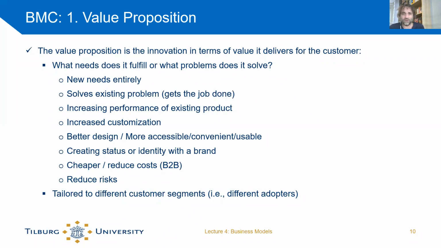While for other customer segments, so for the early majority or the late majority, the reason that they adopt the innovation, so the value it delivers, may be a better design or better performance, and not necessarily an image. So the needs that an innovation fulfills or the problems it solves may be different for different groups of customers.